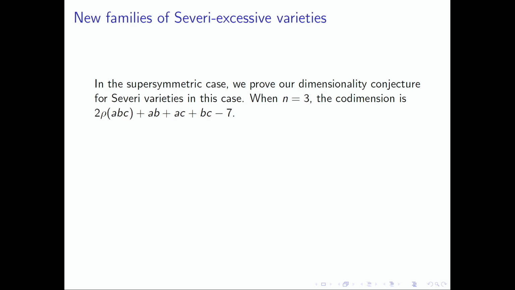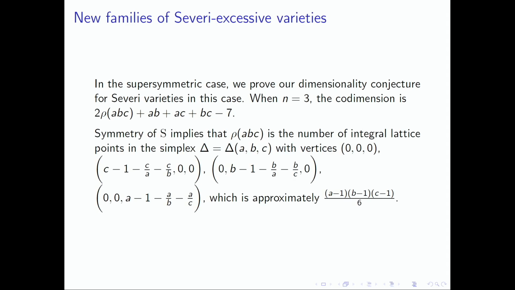But just to point out one last thing, to give the connection with lattice point counts for polytopes. If you work out the codimension formula in this particular situation, it turns out again to depend on this ingredient rho of abc, which is actually the unique Betti element of the supersymmetric semigroup generated by ab, ac, and bc.